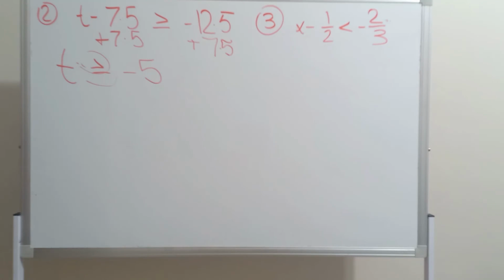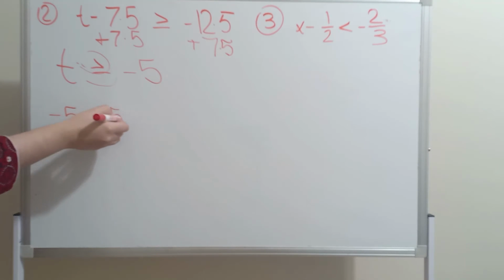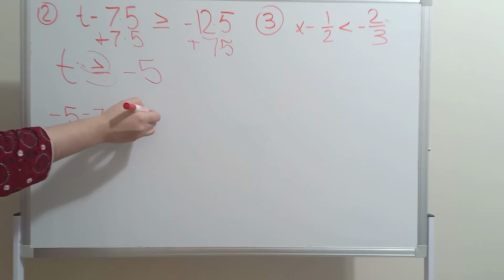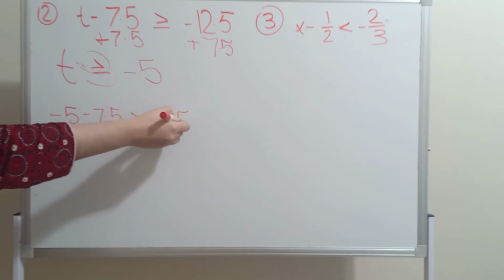If we put negative 5 here, we can check if we got the right answer. Negative 5 subtract 7.5 is greater than or equal to negative 12.5.